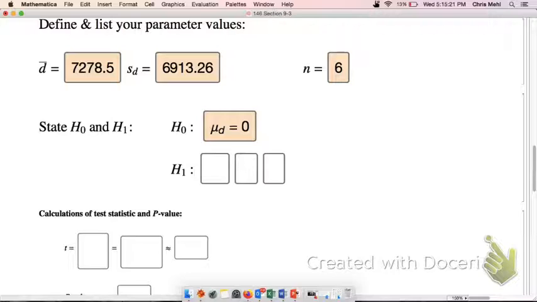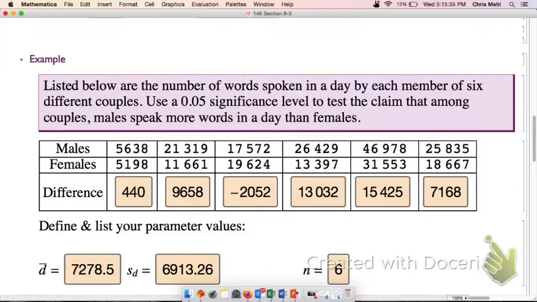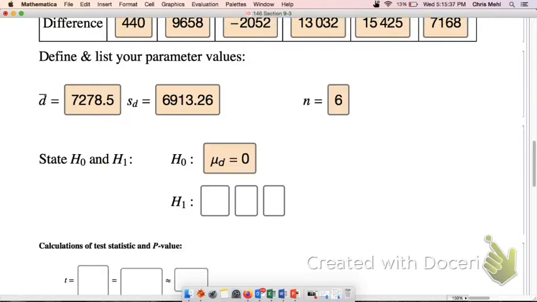Now, the null hypothesis. What we're really doing here is testing the claim that males speak more words in a day than females. Those 6 differences that I have up there are the differences in the sample. Imagine taking the differences among all couples in the U.S., or just among all male and female couples.